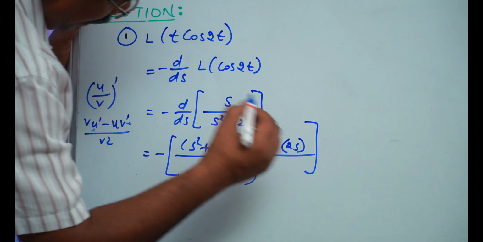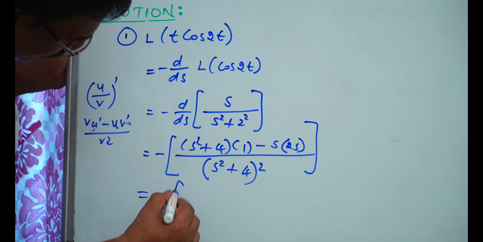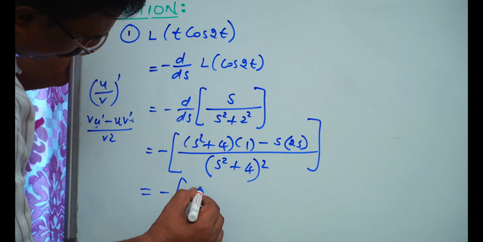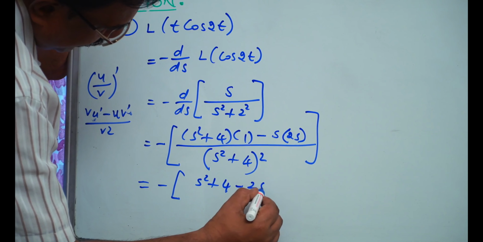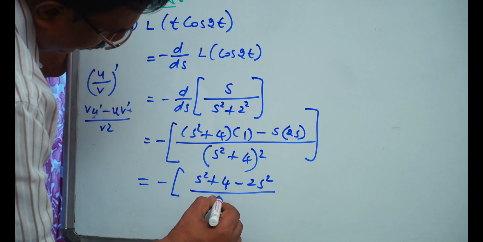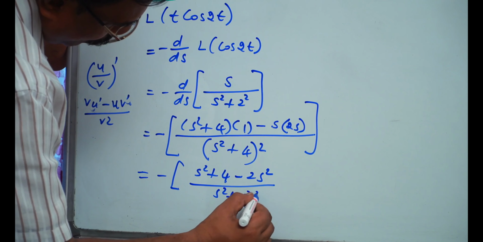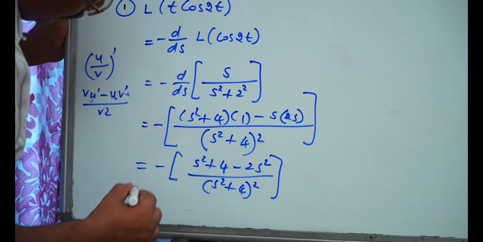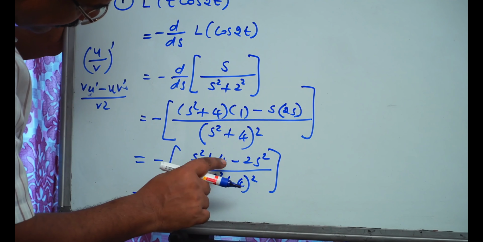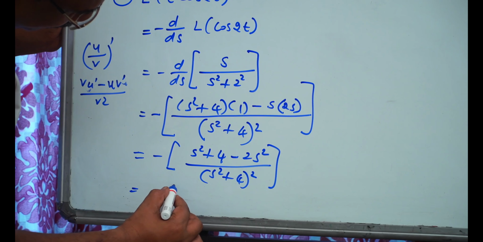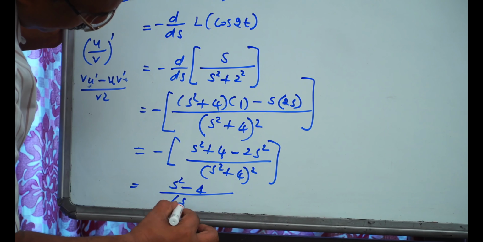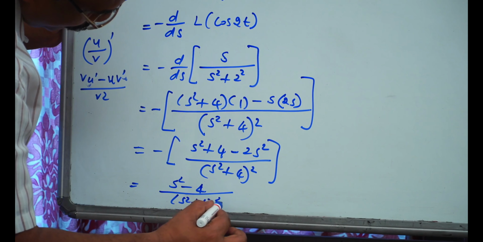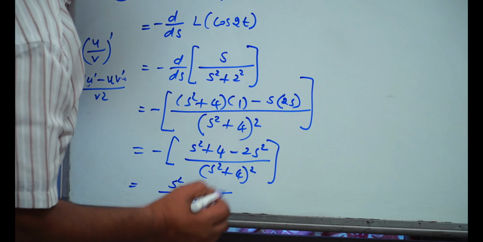So I can close that bracket: it is equal to minus of s square plus 4 minus 2s square divided by s square plus 4 whole square. By sending this minus inside and simplifying, we will get s square minus 4 divided by s square plus 4 whole square.